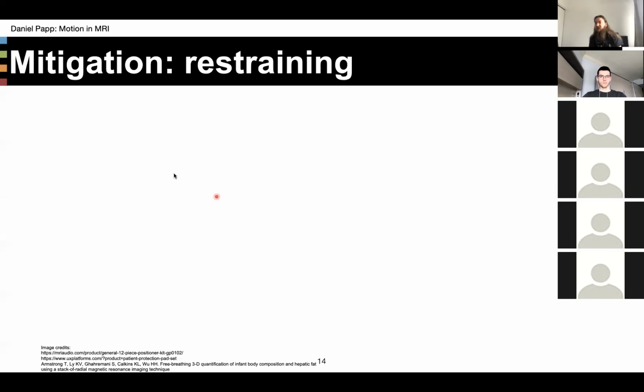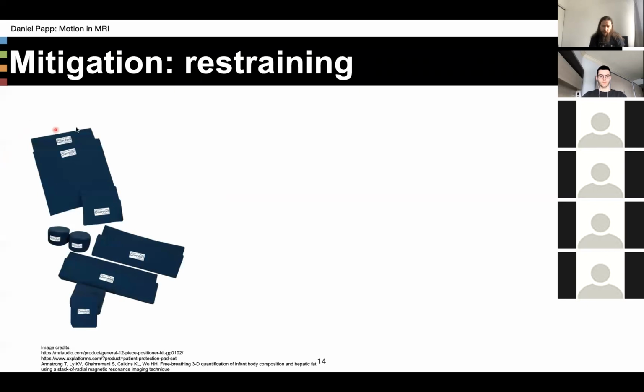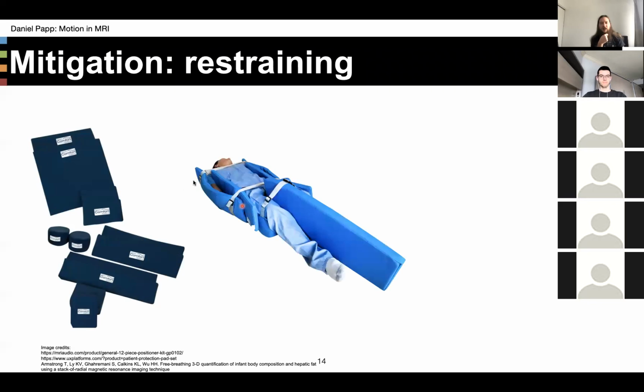Well, we can make it so that the people don't move that much, which is the somewhat traditional MRI pads we all know and love. These are basically just sponges, but they're really, really expensive. We can go a bit further and add on additional restraints to the patient.